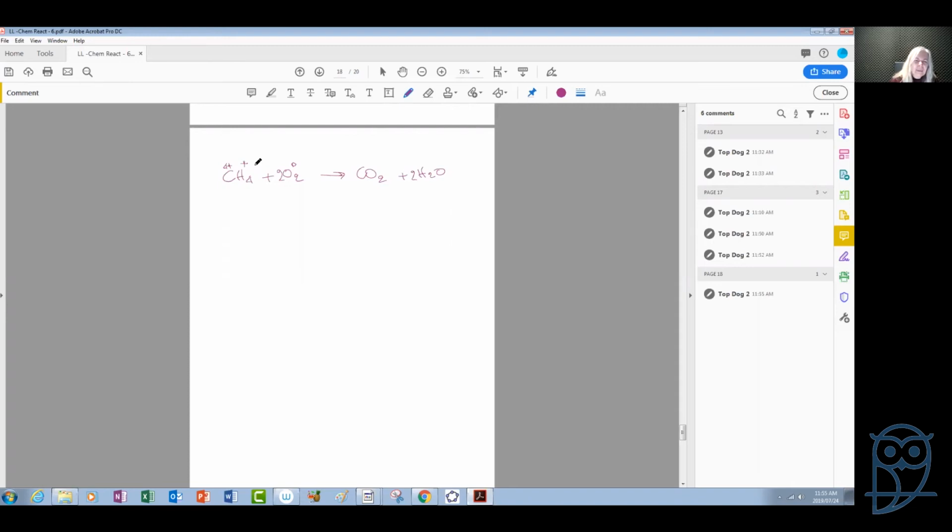Oh, not plus, minus, goodness. Dear me. 4 minus, not 4 plus. 4 minus. Because you see, the sum of these charges must be 0 in the same compound. So if the carbon has a -4 oxidation state, and each hydrogen has a +1, but we have 4 hydrogens here, so 4 times +1, this should give us 0.